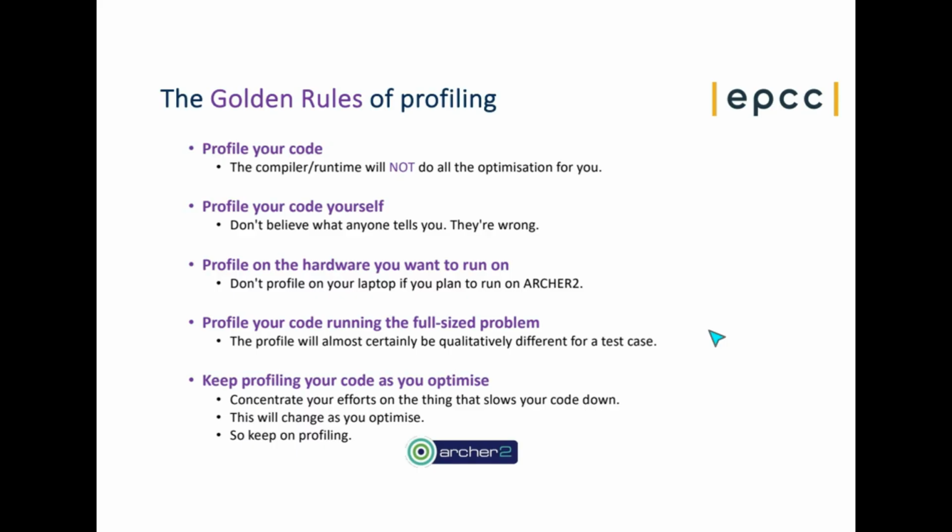So, does anybody have any questions? Somebody at Imperial is asking, how important is pinning cores for profiling with MPI? Yes, it is, but Slurm is doing that by default for you anyway.